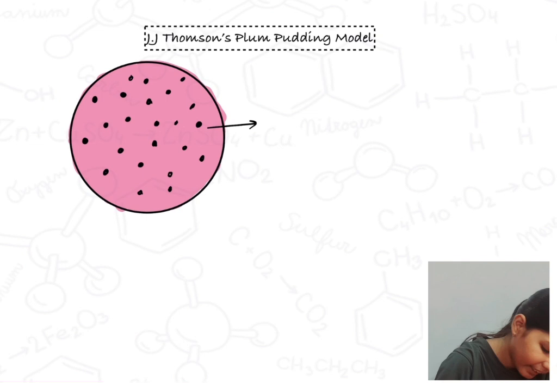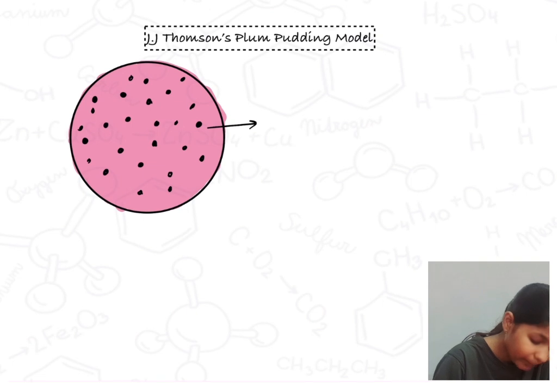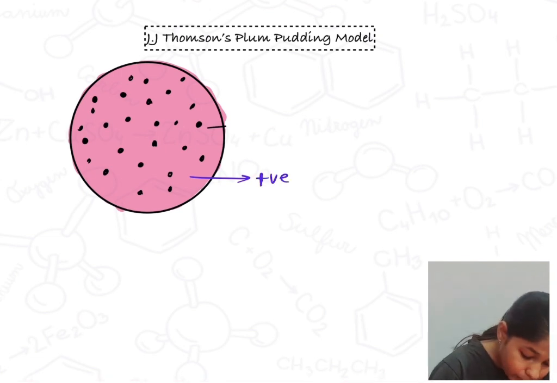It can be present anywhere inside this watermelon. So what he said about the watermelon, means J.J. Thomson said that this red part is the positive part.